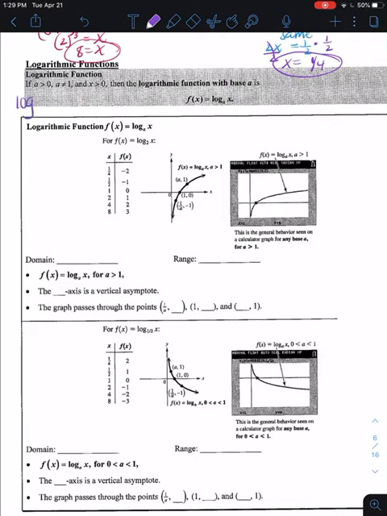Log and exponential functions are inverses. All right, so if you look at this first example, they have this graph f of x equals log base 2 of x. In this example, the base of the logarithm is 2.